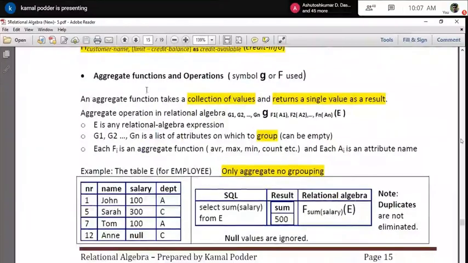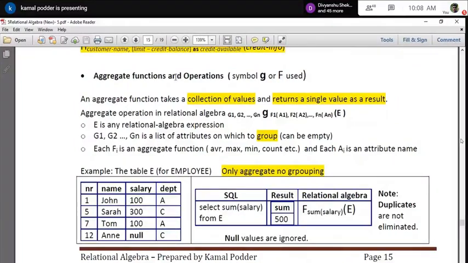Next one is the aggregate function operation. I have already discussed the group by clause and different aggregate functions in SQL. When you write those group by and aggregate functions, they are converted to the aggregate function operation of relational algebra.